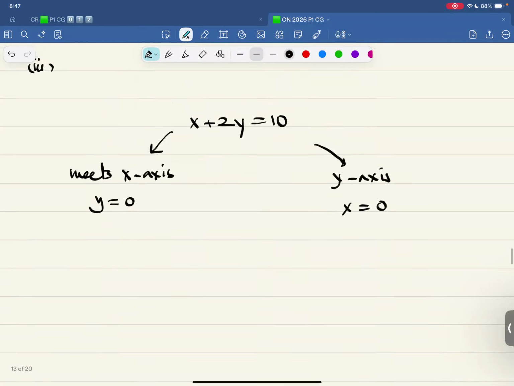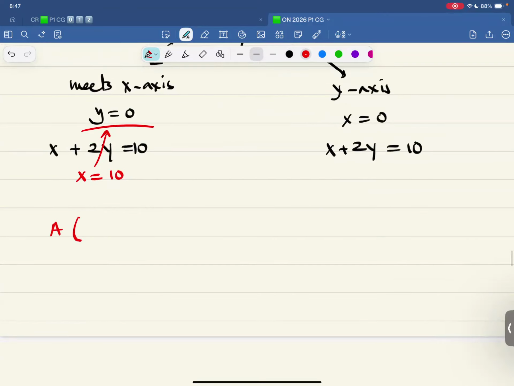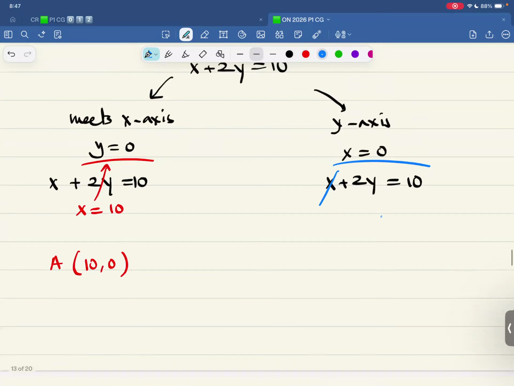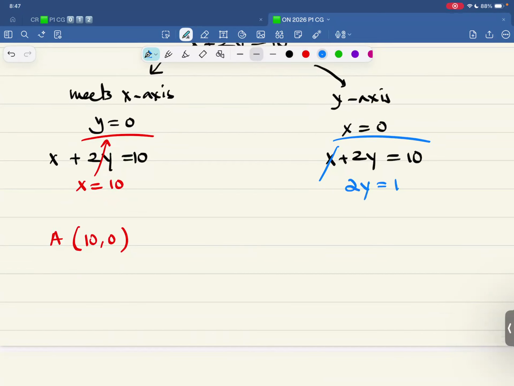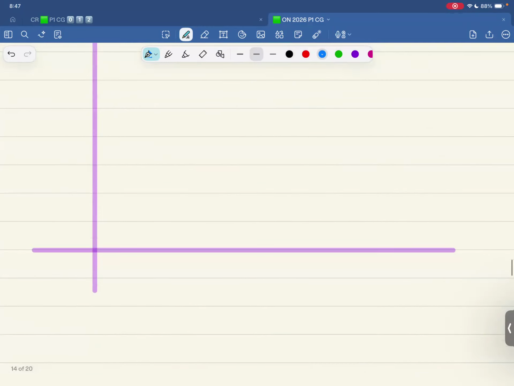When it meets the x-axis, y is 0, therefore x is 10. Therefore, the coordinate of A is (10, 0). When it meets the y-axis, x is 0, so 2y = 10, y = 5. Therefore, the coordinates of B are (0, 5). So (0, 5) and (10, 0).